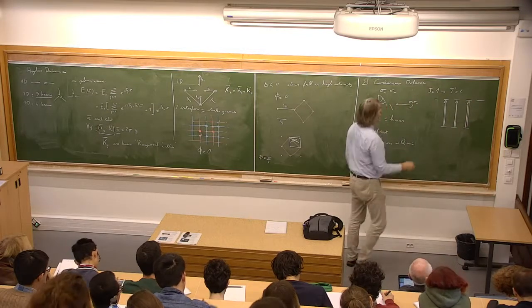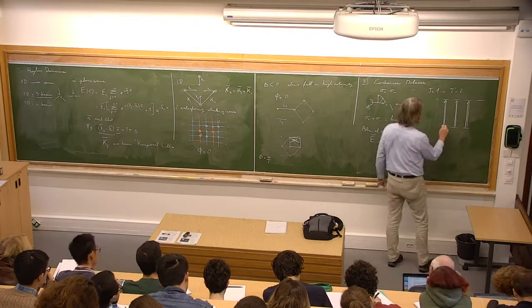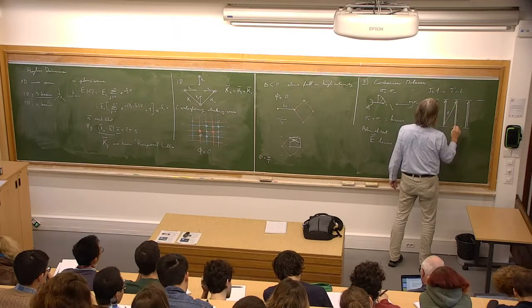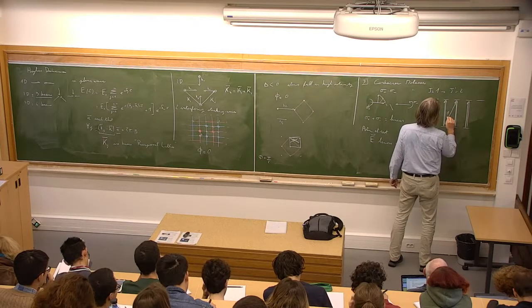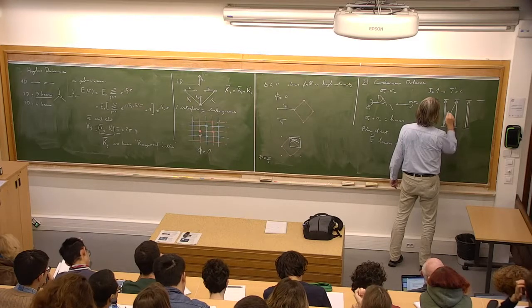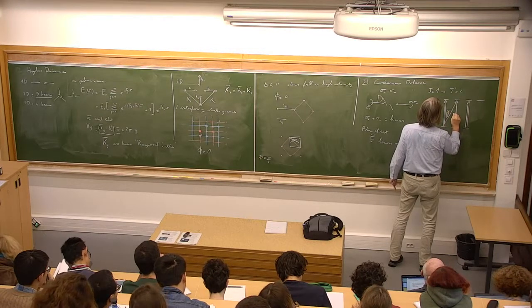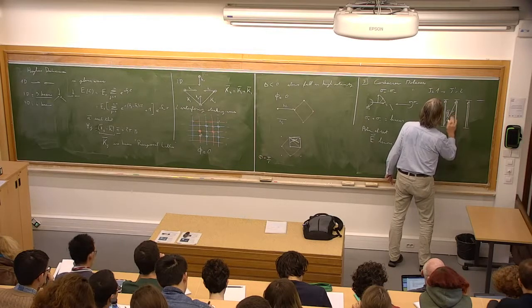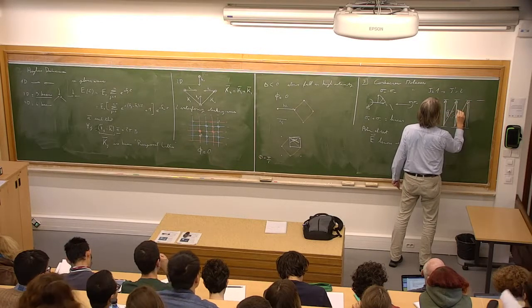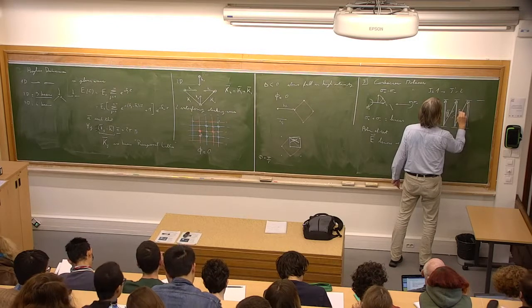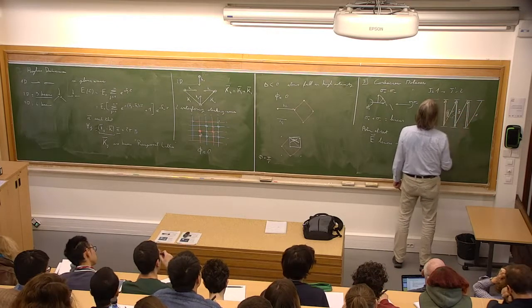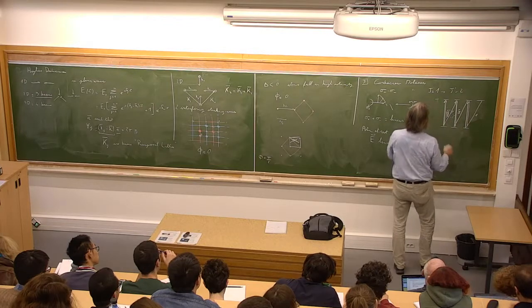So once again, I can write the Clebsch-Gordan coefficients, and I'm not sure to be able to find them. 1 divided by 6, 1 divided by 2, sorry, this one, and 1.